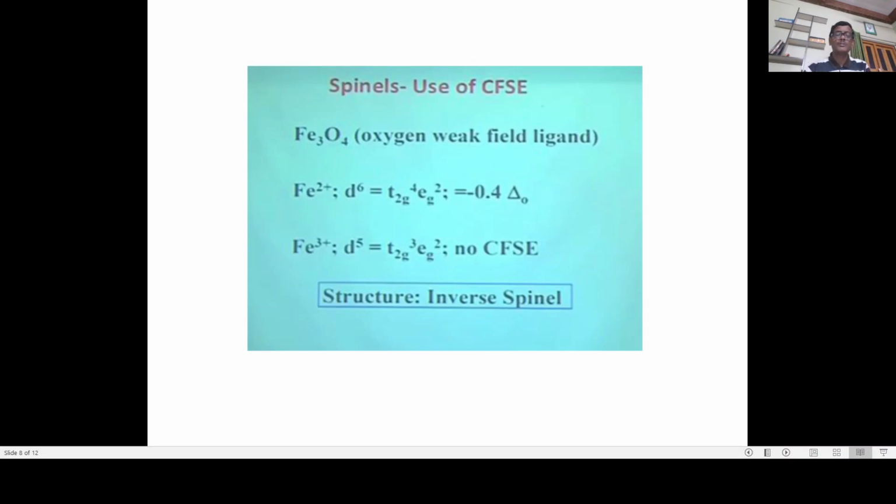So there is no CFSE variation, that is why it is a different type of spinel.